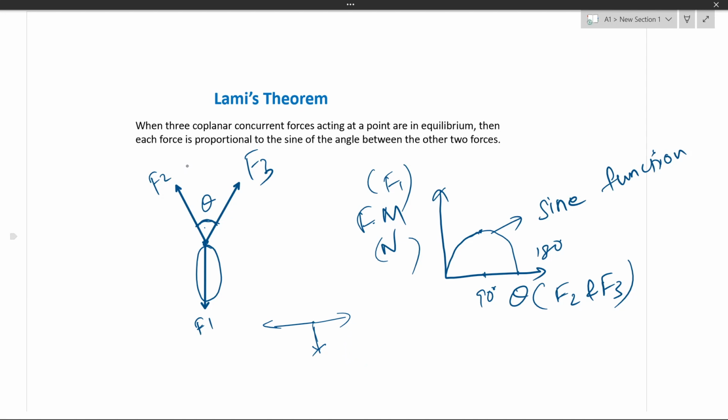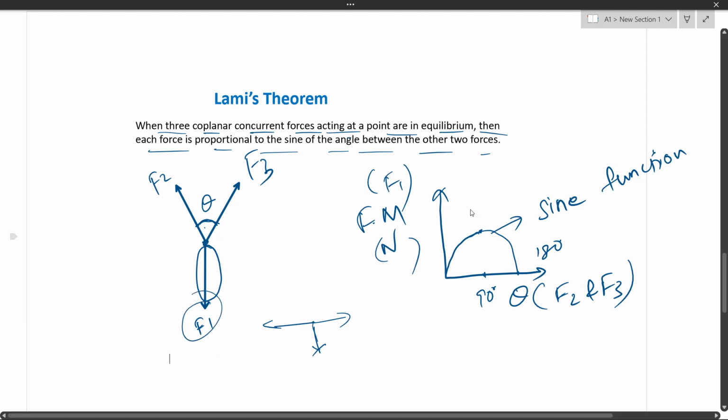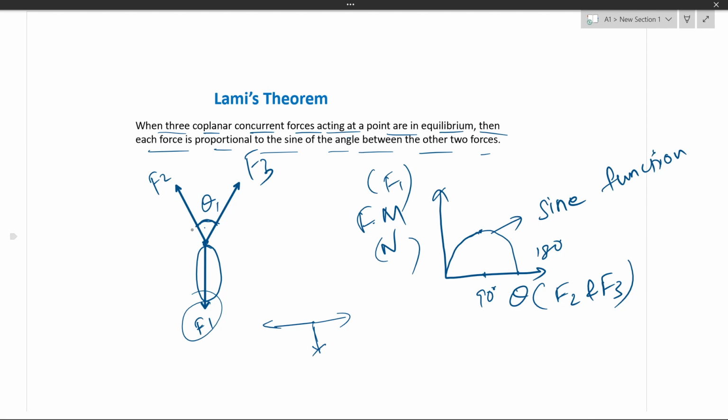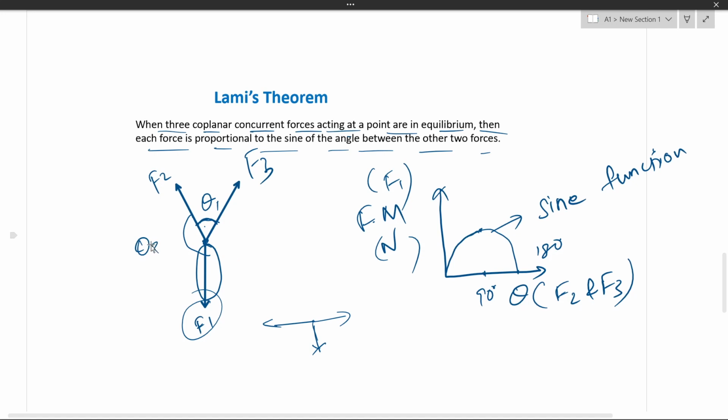He derived this in a definition that is mentioned here. When three coplanar concurrent forces act at a point in equilibrium, these are the conditions, then each force is proportional to the sine of the angle between the other two forces. This F1 is directly proportional to the sine of the angle between the other two forces. Consider this is theta 1, this is theta 2, and this is theta 3.